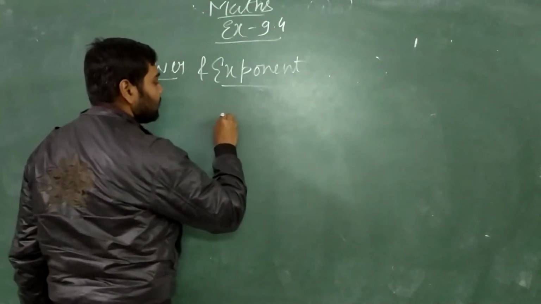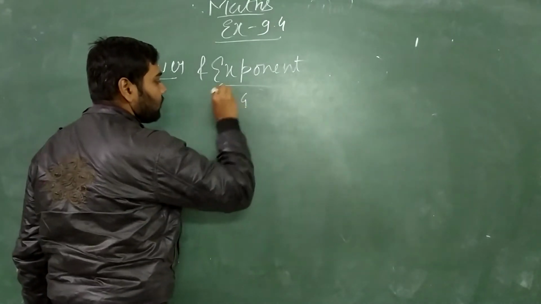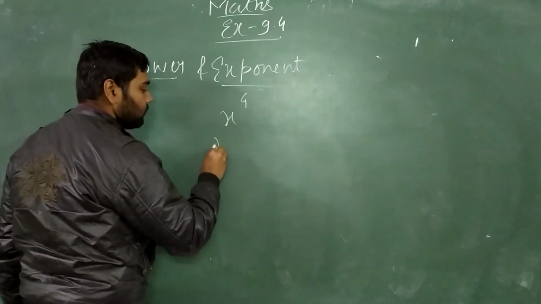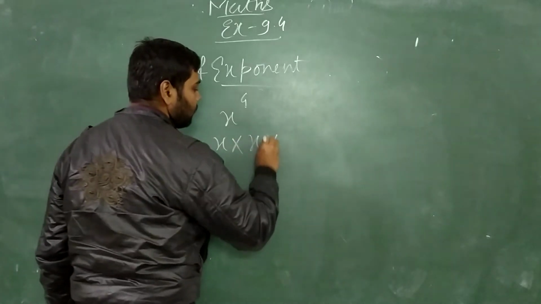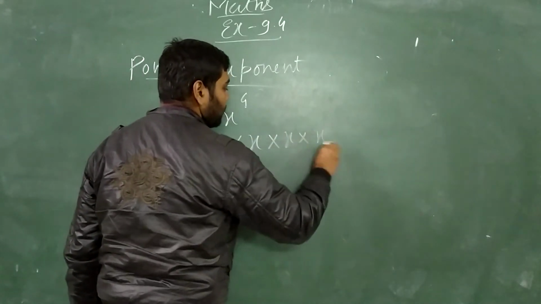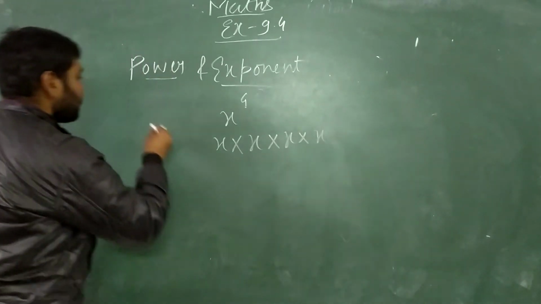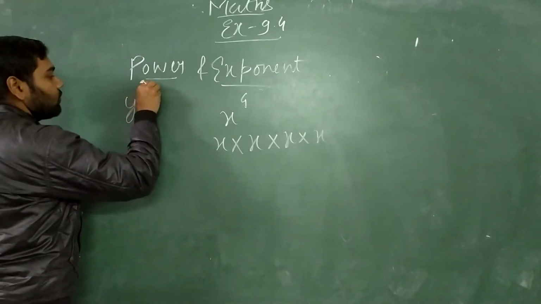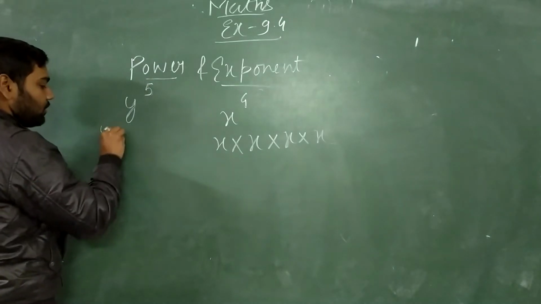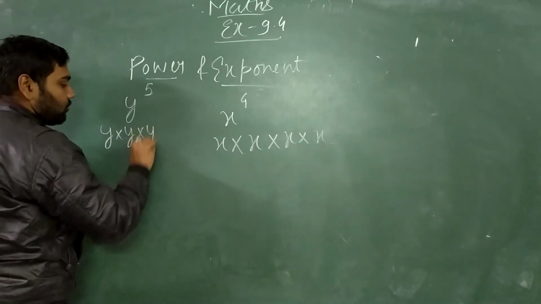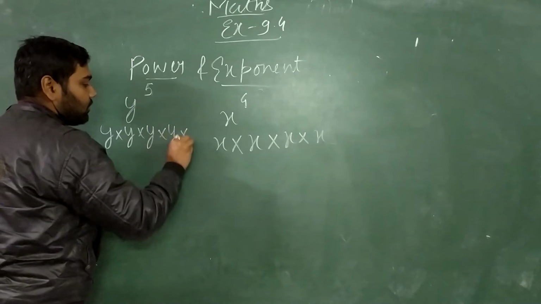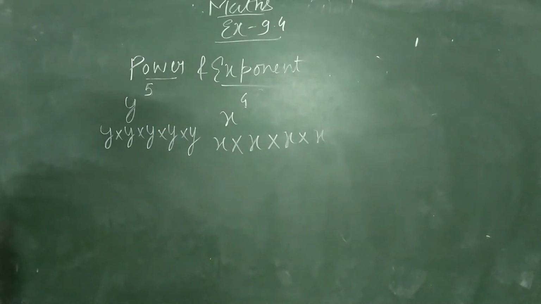Suppose it is written x to the power 4, that means x will be multiplied 4 times. If it is written y to the power 5, y will be multiplied 5 times.